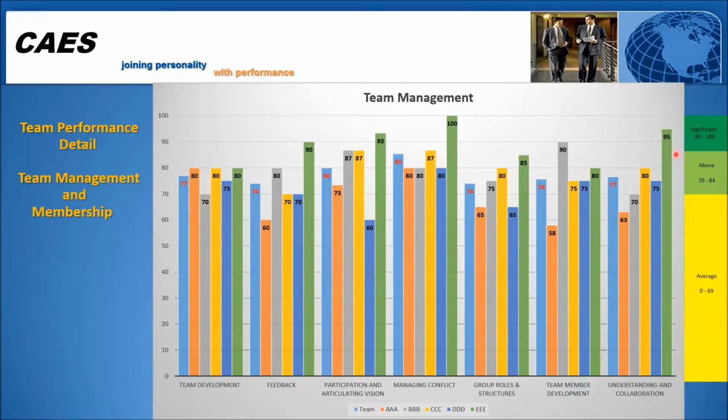From a managerial standpoint, I can see to a certain extent that member E tends to show the strongest, and perhaps member B has some elements of that, of team membership, and would possibly be a strong team manager because of that.